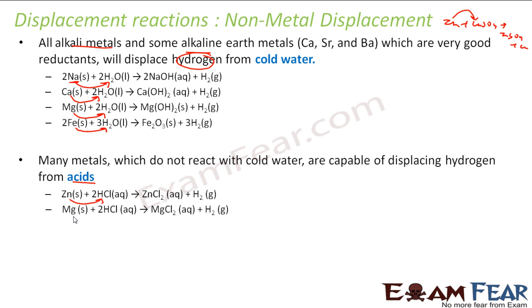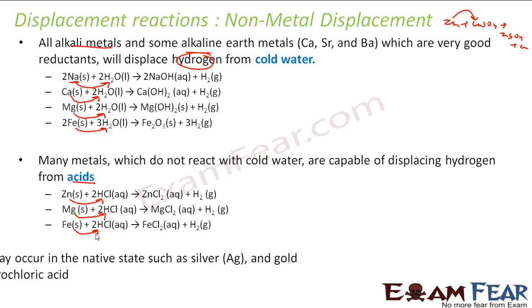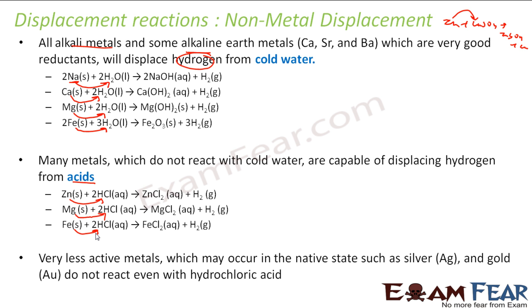Similarly, manganese can also kick out hydrogen from HCl. Iron can also kick out hydrogen from HCl. And some metals are very less active. For example, gold and silver don't even react with hydrochloric acid.